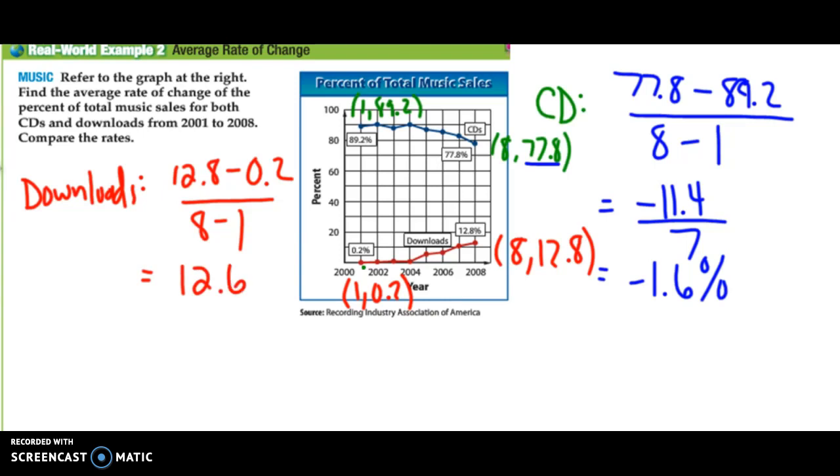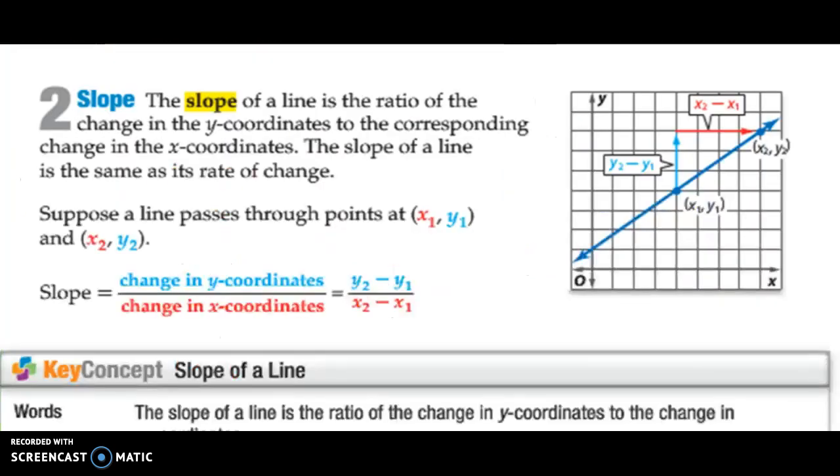That's 12.6 over 7, which is an increase of 1.8% each year. So the average increase is 1.8% each year. So you can see, comparing these two, that CD sales went down 1.6% every year on average, and downloads went up 1.8% each year.